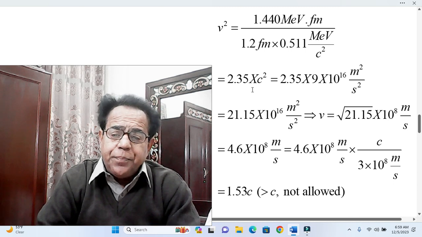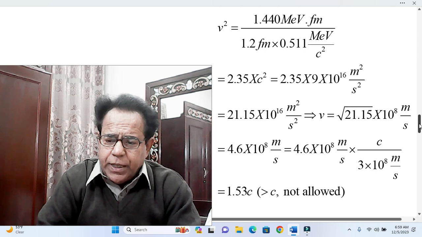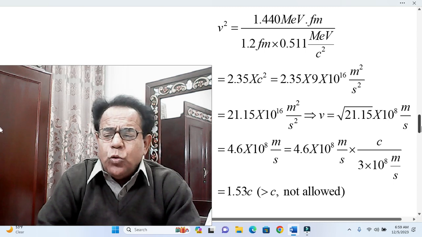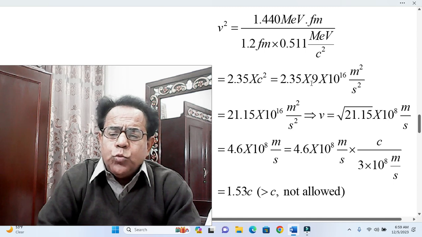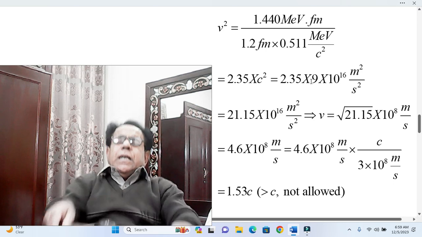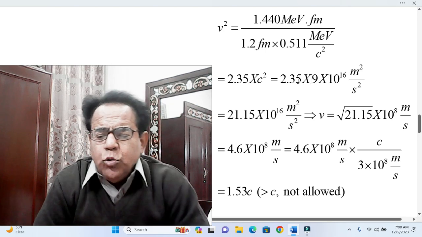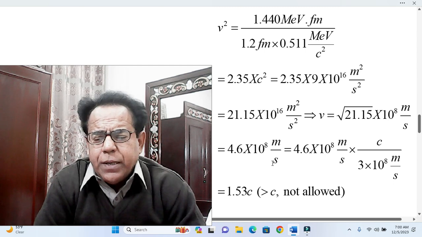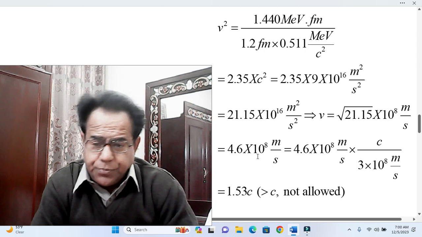Dear students, the value of c is also given in the table. The only difference is that in the table the value of c is given as 2.998, but we have used the value 3 here. Value 3.0 or 2.998 are the same, no difference.